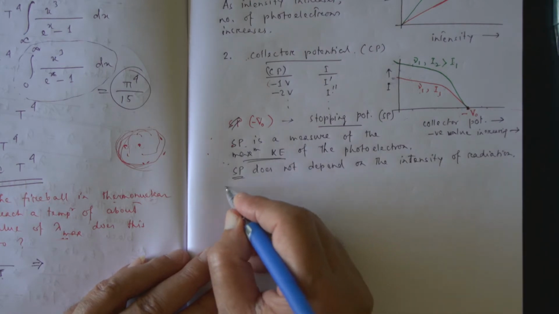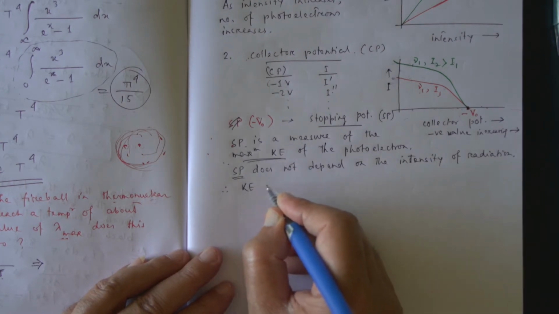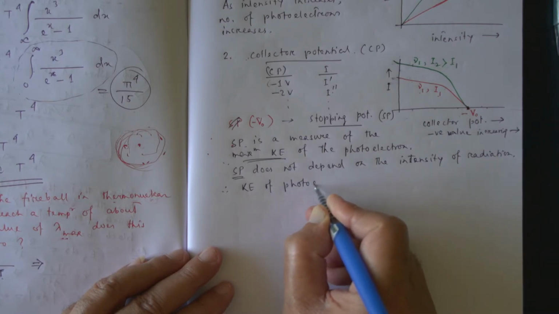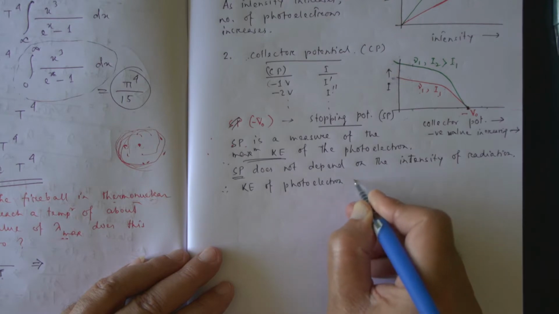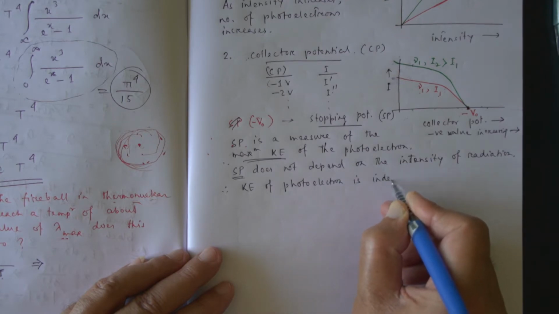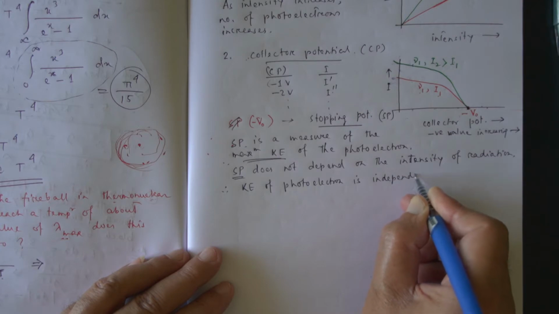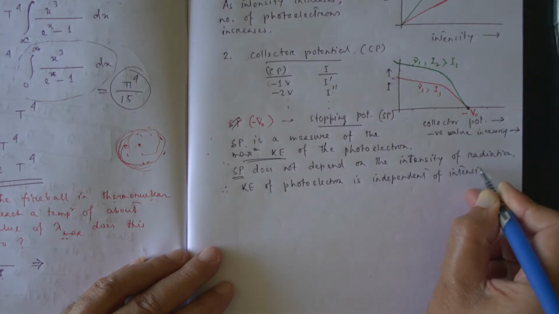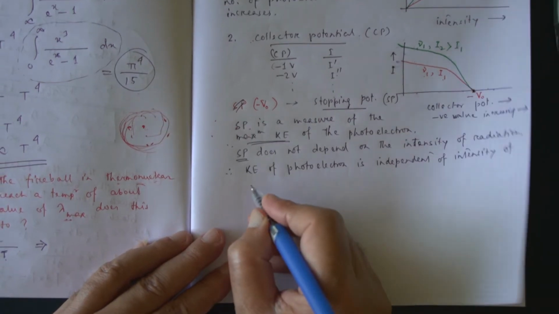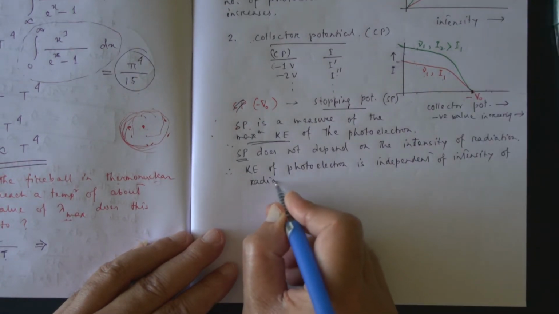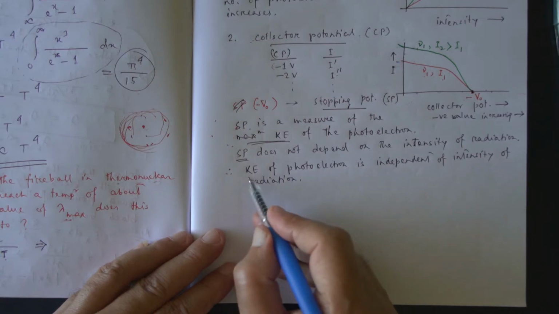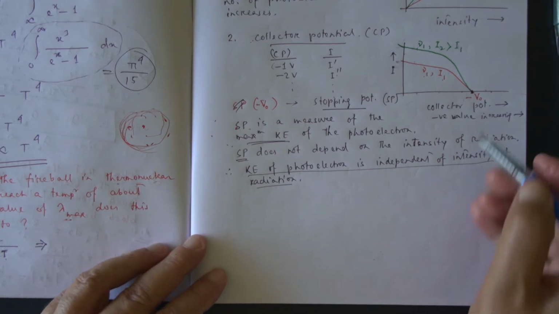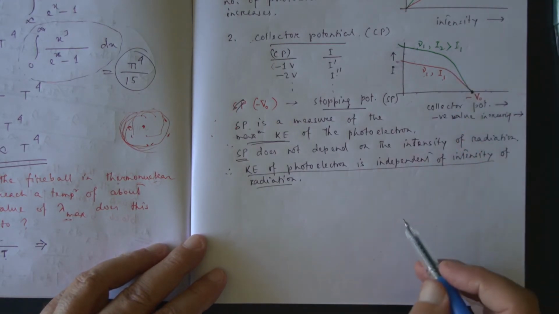So we can say that the kinetic energy of the photoelectron is independent of the intensity of radiation, because the stopping potential is the same.